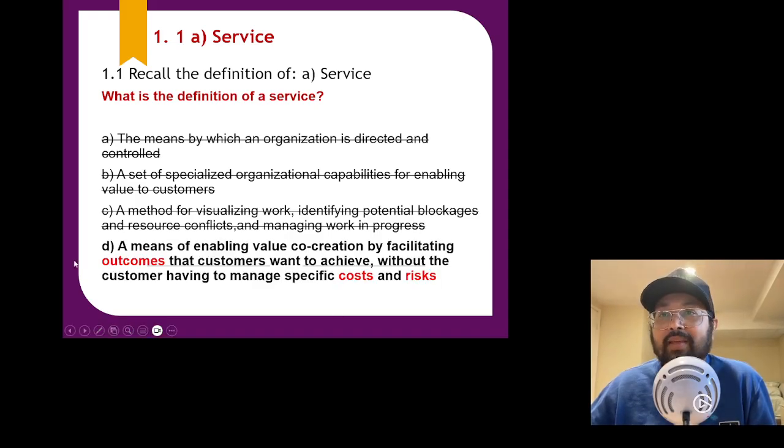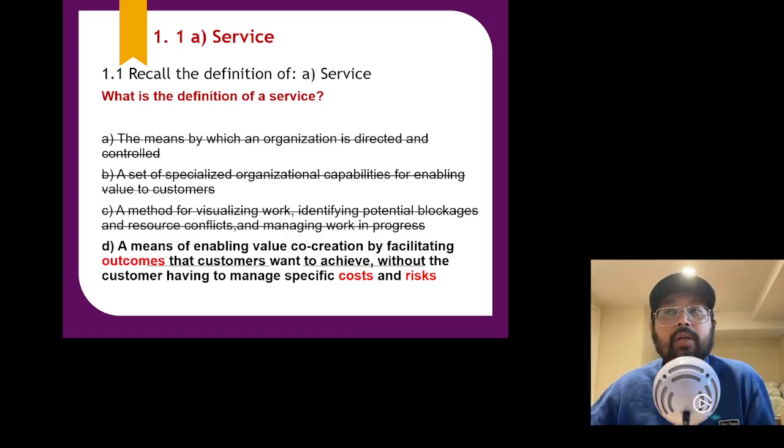So you can see the outcomes, cost and risk, these keywords are in the answer. So we can easily select which is the correct answer for the question, what is the definition of a service. And trust me, this is a real question from the ITIL test. And if you go for this test, you could find this question in your test.